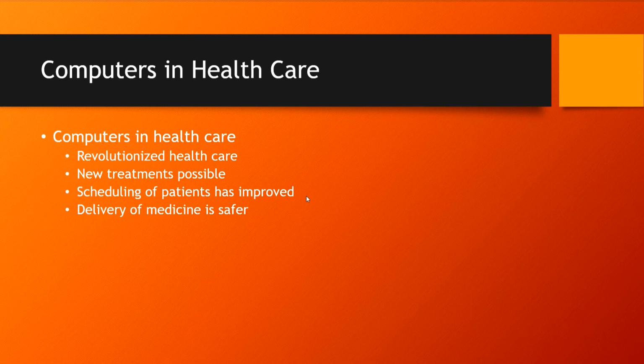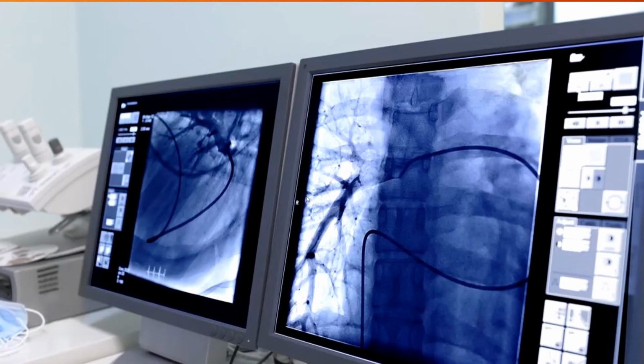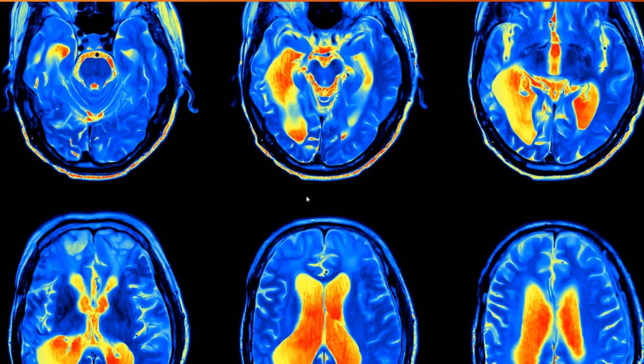Doctors and anyone who works in the medicine field are able to see, quote unquote, or visualize anything that can help them with their decision in the delivery of the medicine. So this is an example of a computer used for imaging.